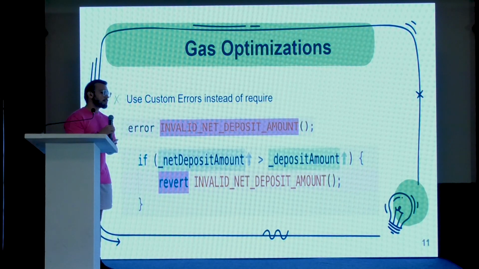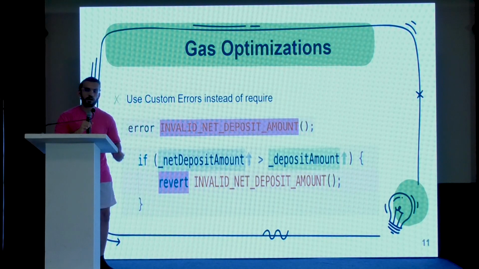Yeah, so I think what happens is as you grow from a technical level in writing smart contract code, along with security, gas optimization becomes more and more important.